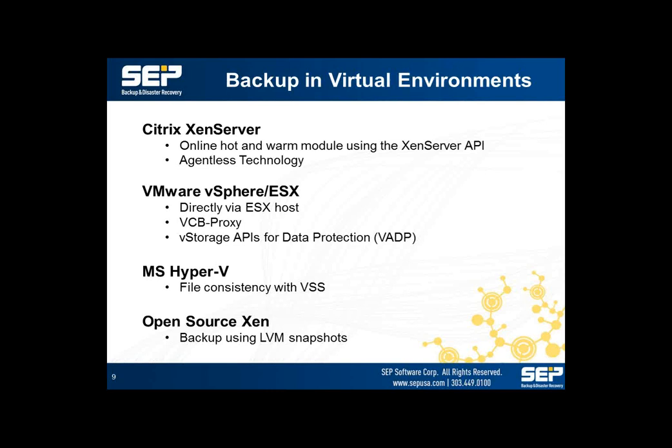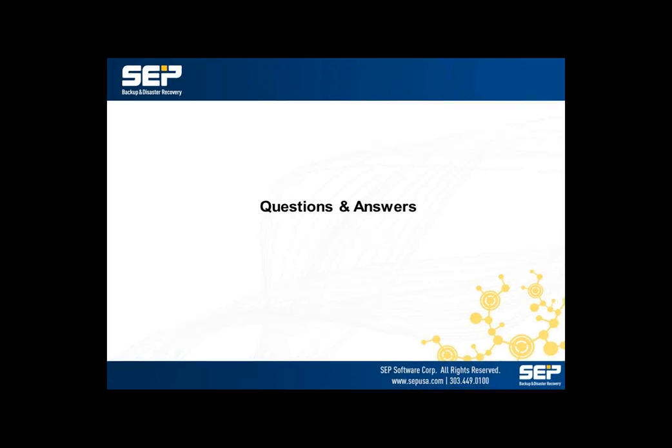And for Hyper-V, same. Communicate with the API, VSS aware, all the same features and functionalities, being able to restore to the same virtual machine or to a different one, being able to back up online, or if a VM is shut down, we can back that up as well. So quite a few there.